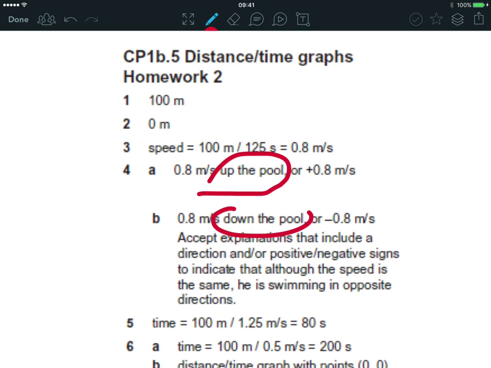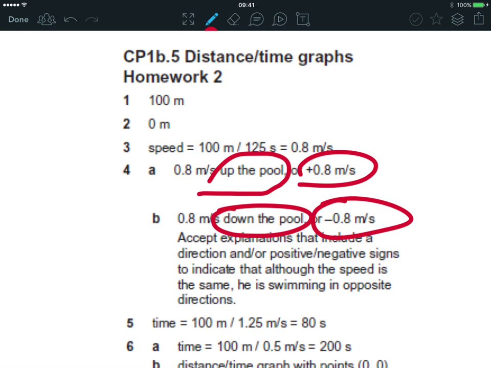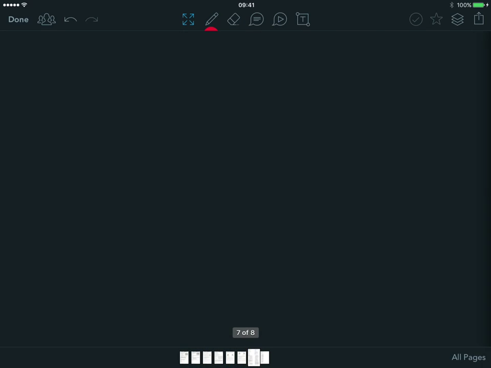Okay, and down the pool, or they've used a positive number and a negative number. And look at what this mark scheme advises: accept explanations that include a direction or a positive and negative sign indicate that although the speed is the same, he is swimming in the opposite direction. So as long as you had described that, you would be okay.